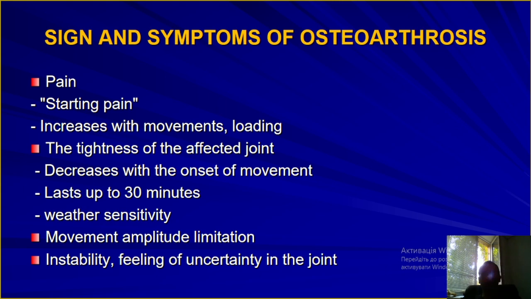In the case of osteoarthritis, we have special types of pain. First of all, pain can be located in the place of the joint which is affected, and sometimes we have irradiation pain.